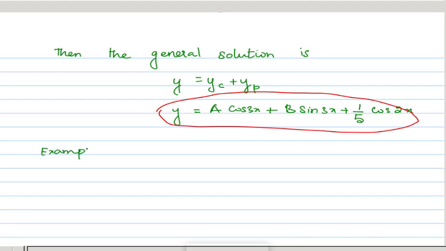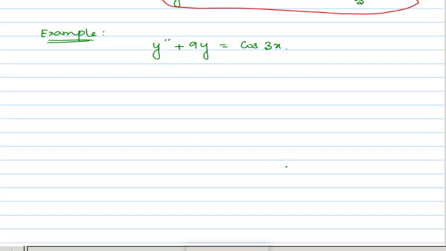It is not really another example, because I want to show the two cases. So I simply modify the previous case: y double prime plus 9y equals, I assume that r of x is cos 3x. The fundamental solution is y1 equals cos 3x, y2 is sin 3x.